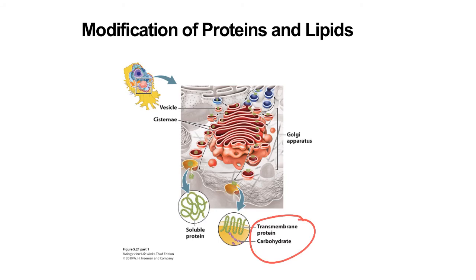Another aspect that I need to emphasize also, as I think I alluded to in an earlier slide, is that the process can also be reversible, where vesicles move from the Golgi apparatus to the endoplasmic reticulum.